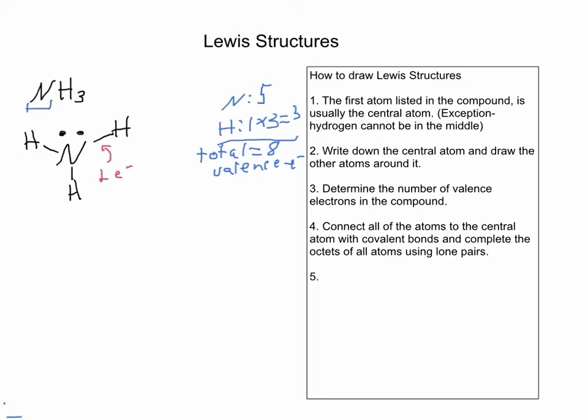The fifth step is we have to count the number of electrons in the drawing. We have to make sure that the number of electrons that we actually put here is equal to the total amount we have. If it's not, this drawing is not correct. So we'll count 2, 4, 6, 7, 8 valence electrons that we can see in our drawing.